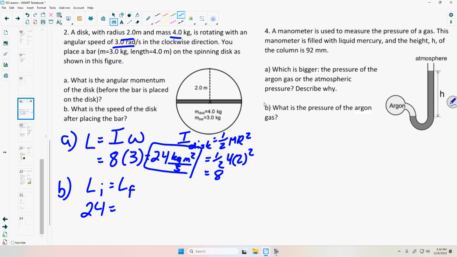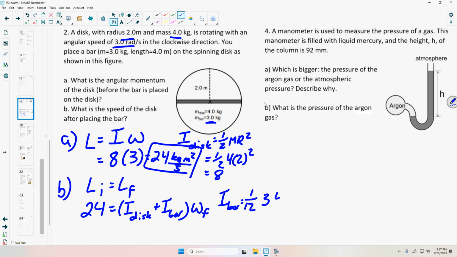The final angular momentum is going to be the combined moments of inertia, I of the disk plus I of the bar, times omega final. I know I of the disk. I need to find I of the bar. For a bar, it's 1/12 of m. That's 3, the mass of the bar.